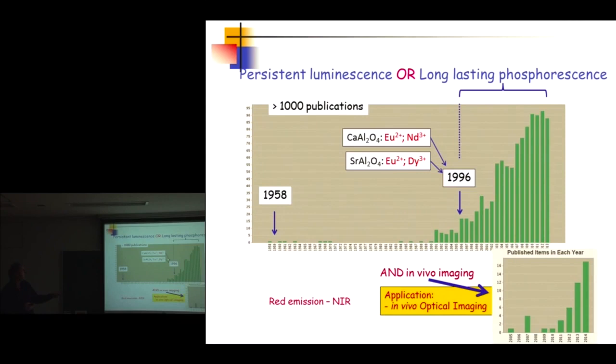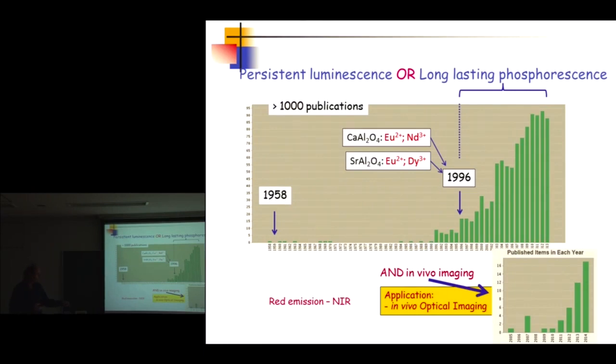So if you look at the persistent luminescence and long-lasting phosphor, there are a lot of papers starting after the main publication about strontium aluminate co-doped with europium and dysprosium, discovered here in Japan.